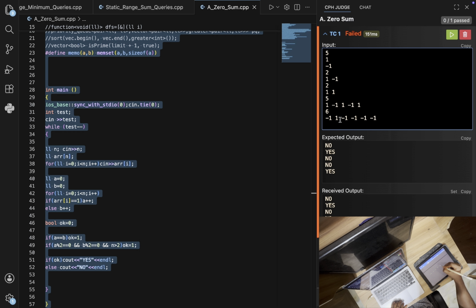-1 1 -1 -1 -1 -1. 6 values, both are pair, and it got nothing. Okay. So if I pair them up, I need 3 actually, yeah.